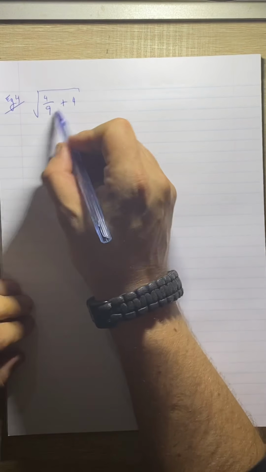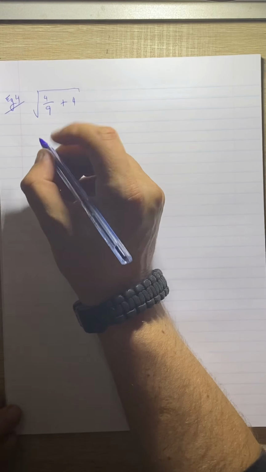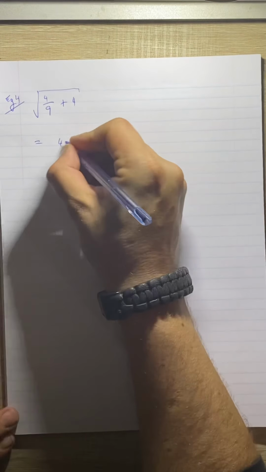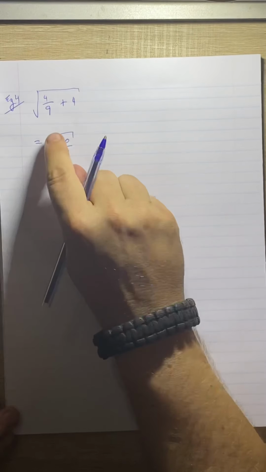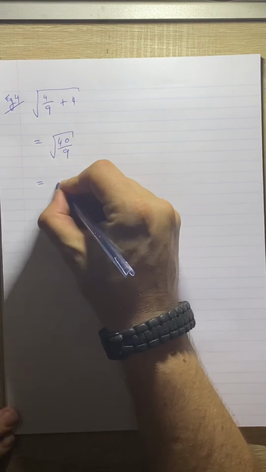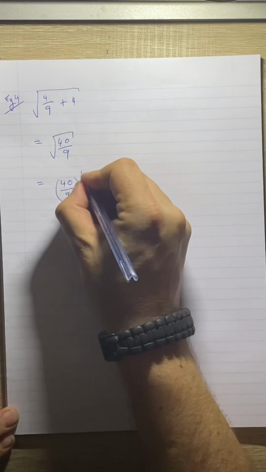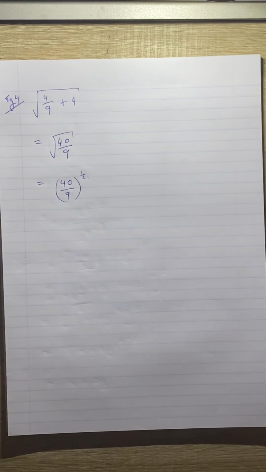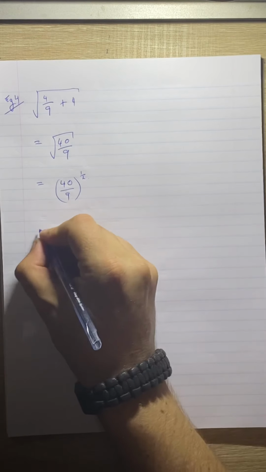So we get 4 over 9 plus 4, which gives us 40 over 9. Okay, remember I can change the surd to be 40 over 9 to the power of a half. Okay. Now what I'm going to do is prime factorize 40 and prime factorize 9.